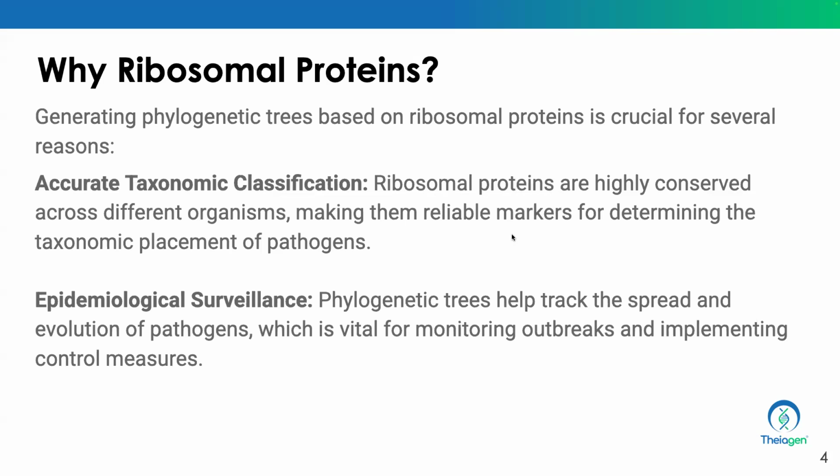So it's a reliable marker for determining taxonomic placement. And of course, we also use this for epidemiological surveillance. We can track the evolution of these pathogens and monitor outbreaks.